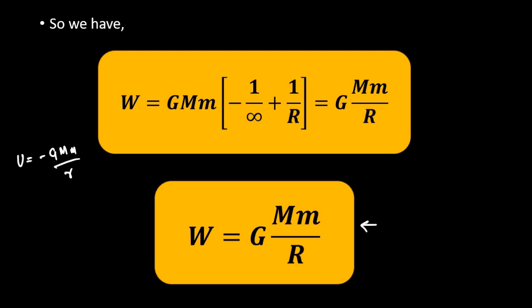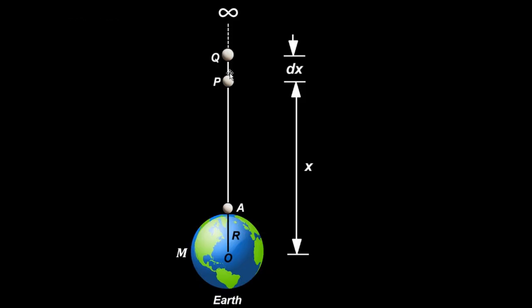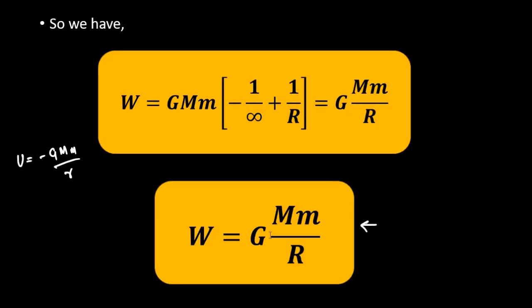Here work is done against the gravitational force of attraction of the earth, in the opposite direction. That's why here it is plus sign. The minus sign denotes work done by the gravitational force. The plus sign denotes work done against the gravitational force.